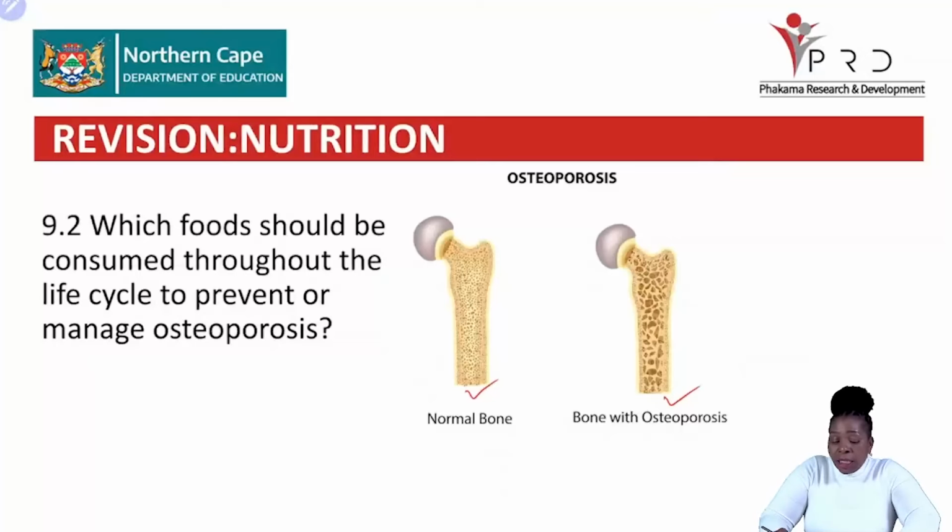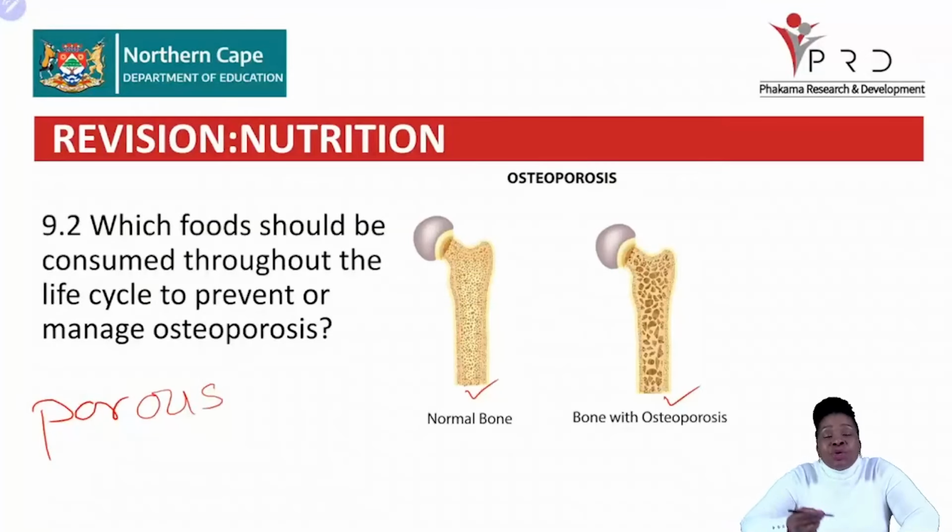Remember, we said when somebody has got osteoporosis, then their bone loses its density. We said the word porosis means a porous bone. Something that is porous is something that has got holes in it. Apparently, the bone comes with holes, but they are very small.